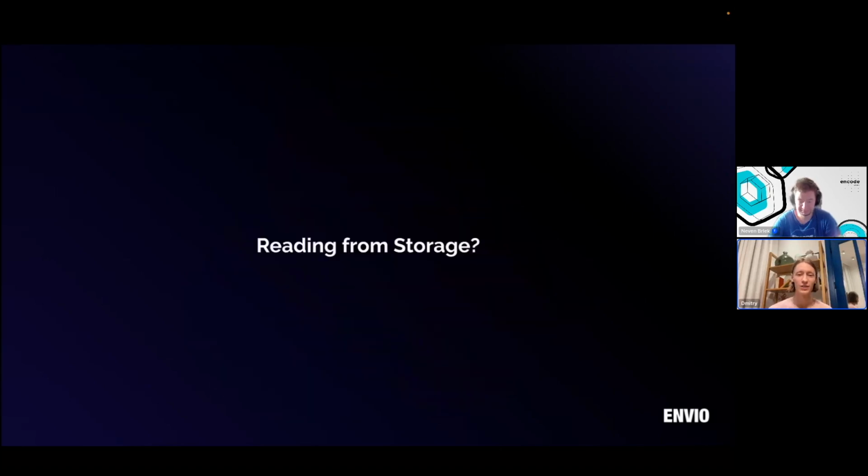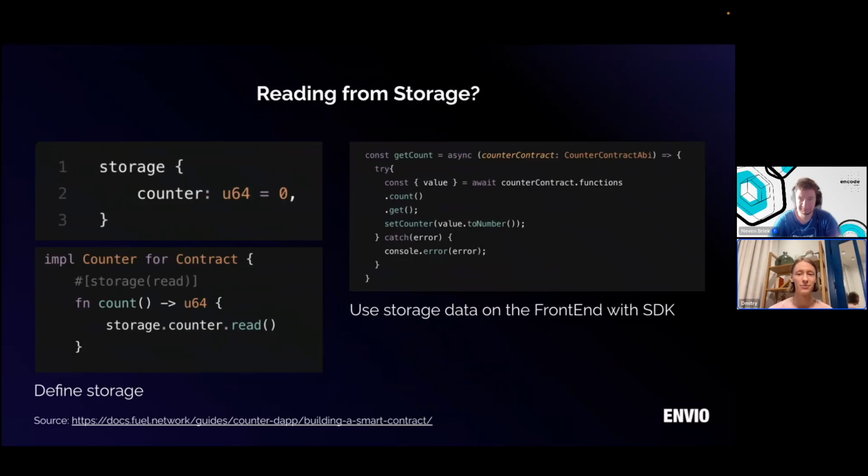And why not simply read from storage? The answer is, yeah, it works pretty well for some contracts. For example, with Fuel, you can pretty simply define a storage and then a read method in your contract ABI, pretty much the same as you would usually do with Solidity.